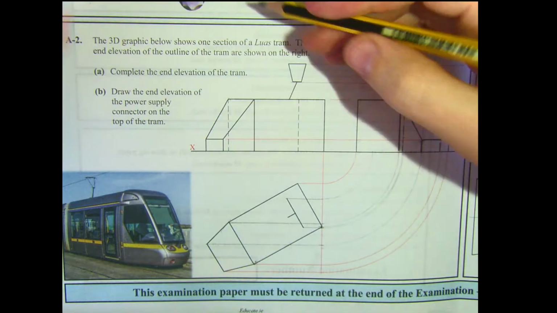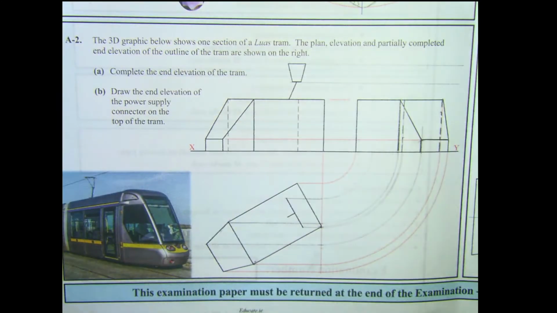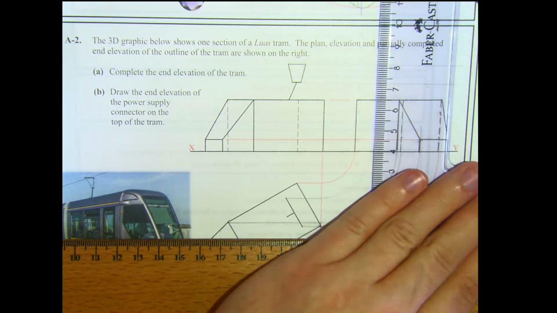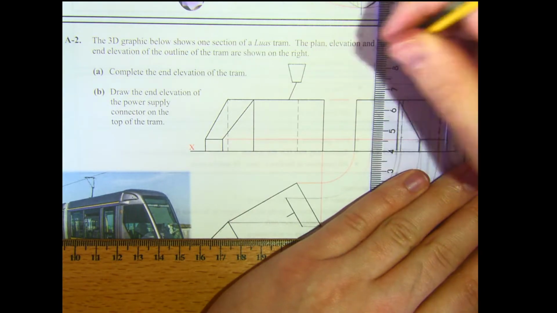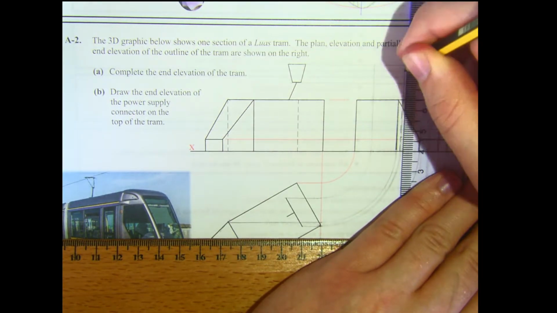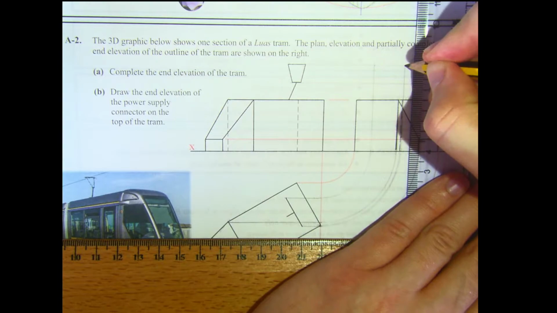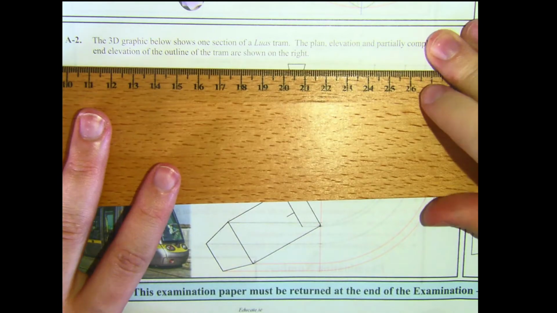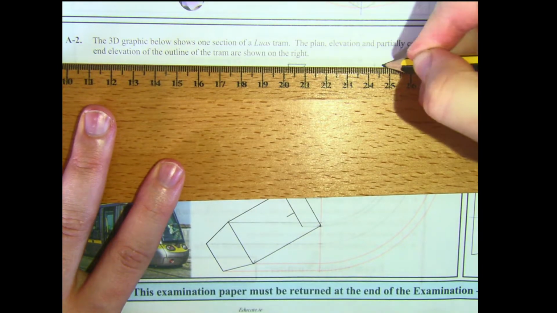So the two outside points are the two top points up here. So projecting these all the way up to the top line and here also. So that's a point and another point. I'm just going to darken in the line between those two points just to make it a bit more obvious.